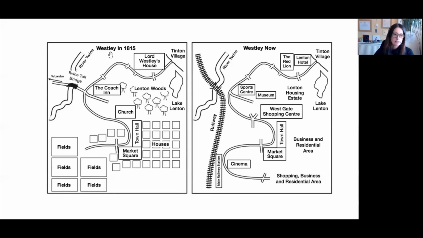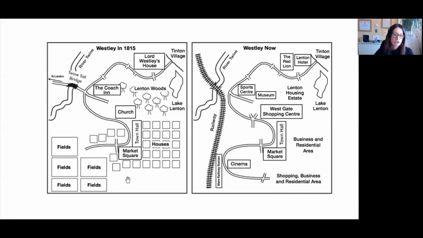And Wesley in 1815 had this large area of houses here, a town hall and a market square. We still have today the market square and the town hall, but we can see that what was previously just houses is now a business and residential area. We also have a shopping, business and residential area at the bottom right that actually wasn't there before.